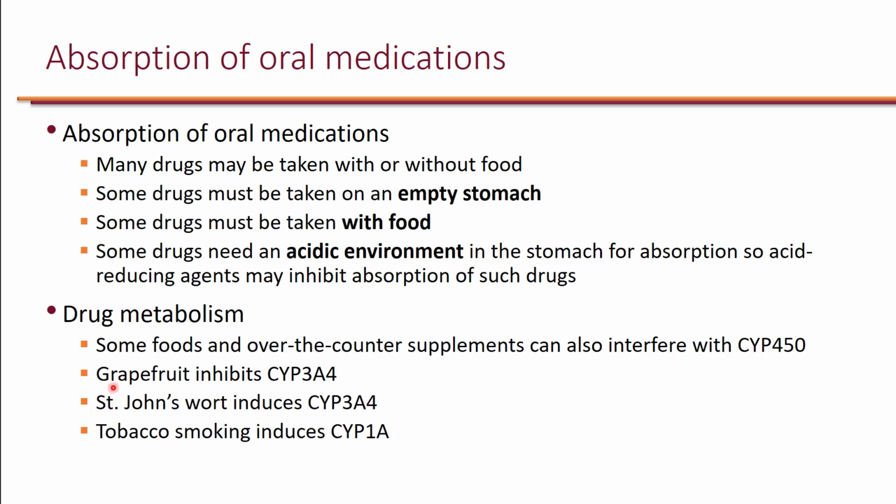So these two do the opposite thing. Another thing that people don't often think about is that tobacco smoking also induces CYP1A. So CYP1A was one of those type 5 CYP enzymes. These are important to know because for these three, usually patients don't think about drug interactions. So they may just give you a list of other prescription drugs, but you should always ask them about these.